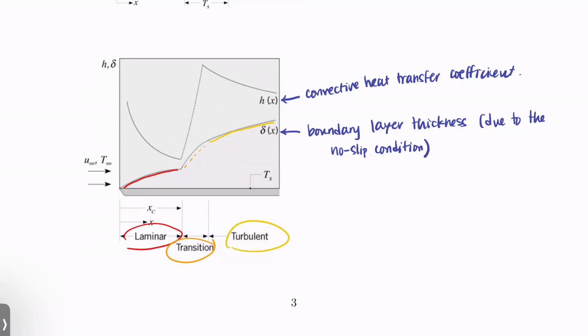Okay, so this illustrates how h is not a material property. It's the same fluid flowing over this plate in the whole problem here. What's changing is the flow transitioning from laminar to transition to turbulent. All right, and so we'll see that our convective heat transfer coefficient changes.